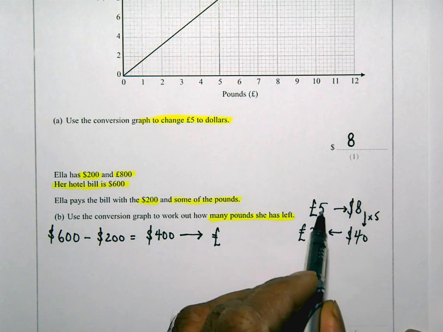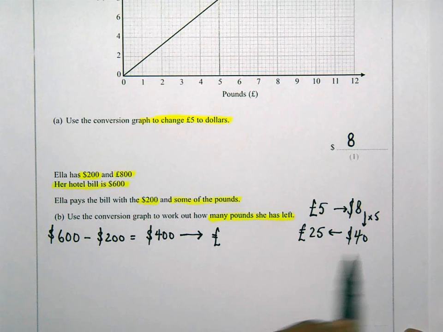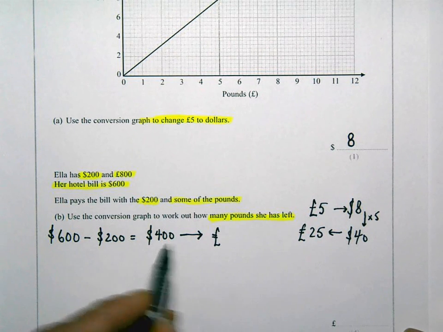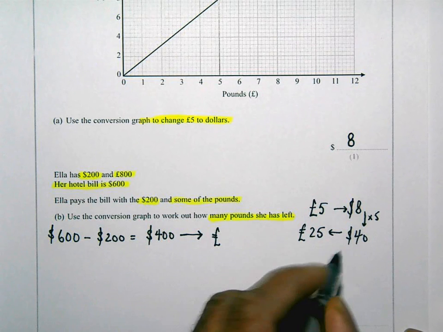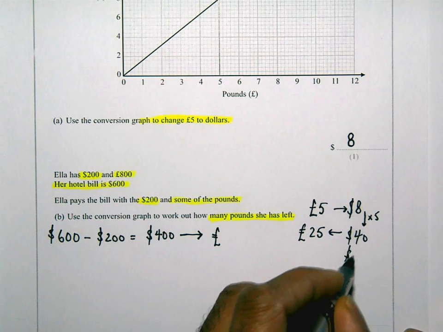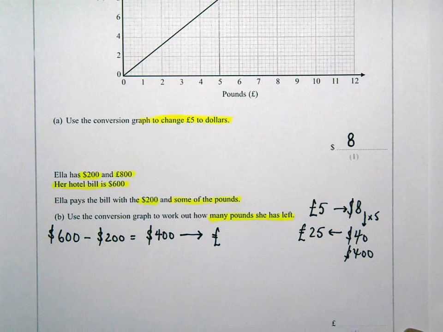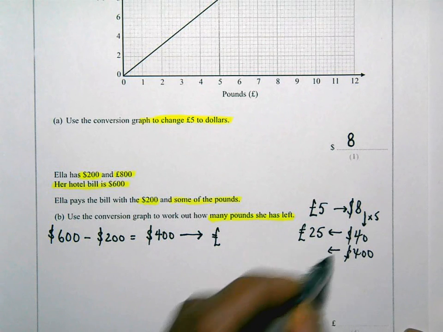So $40 is the same as £25, and that's going to help me with this, because if $40 is £25, that means that $400 is going to be £250.